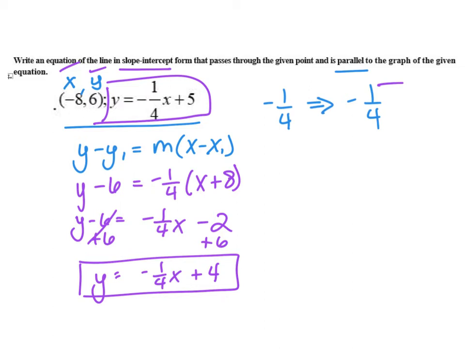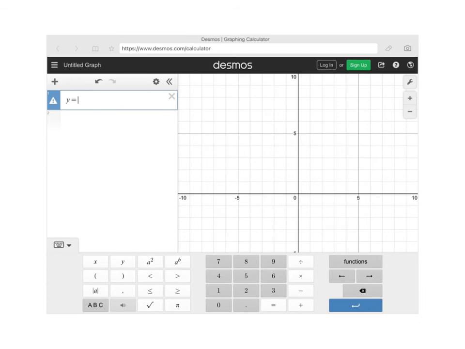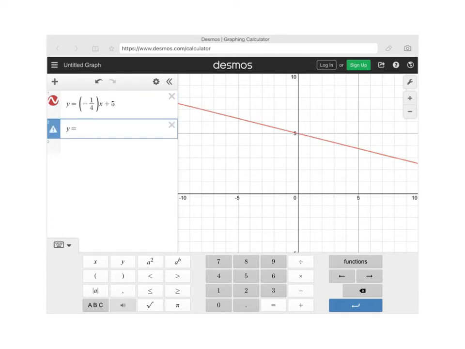So let's actually see what that looks like. So we have y equals negative 1/4 x plus 5 for the first one, and then y equals negative 1/4 x plus 4.